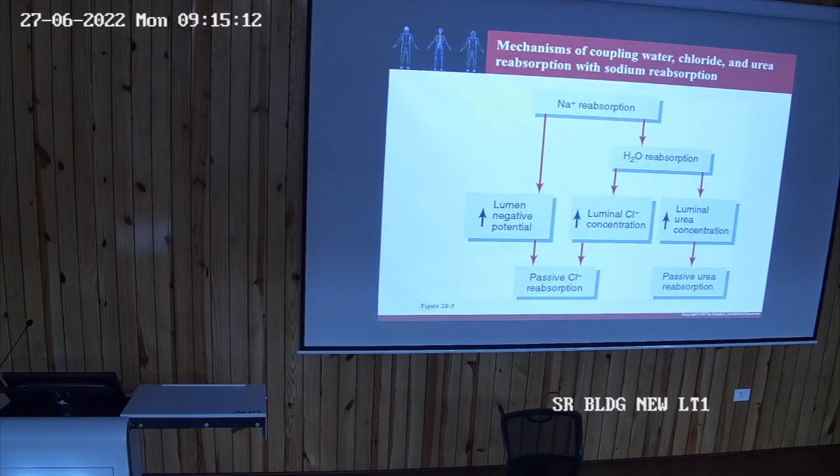The first thing that can be seen is, as the movement of solutes sodium, chloride, potassium takes place, the concentration becomes 200 milliosmoles when the filtrate reaches the early distal convoluted tubule. Clear?